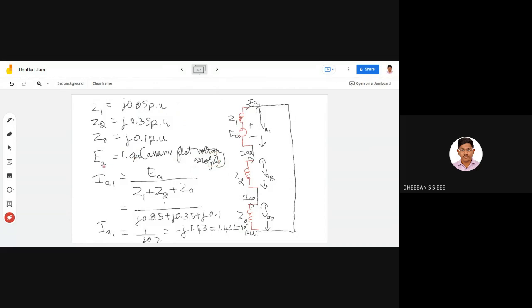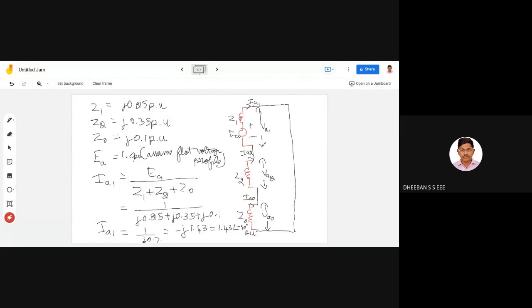After that, you have to analyze what kind of fault is given in the problem statement. They have given it as a line to ground fault.